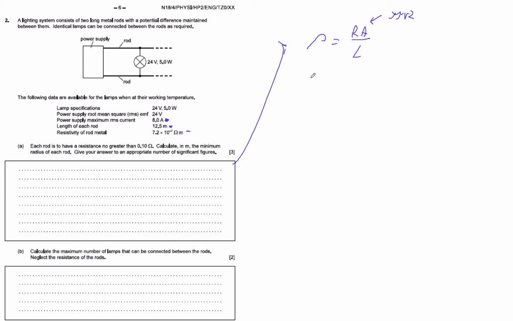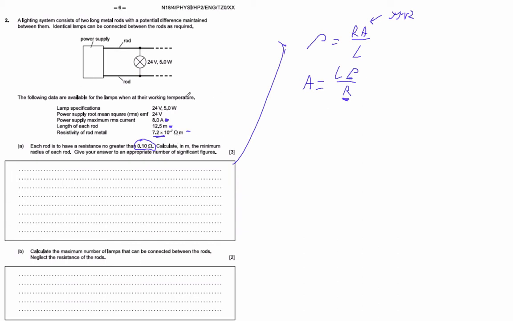The area is going to be the length of the rod times the resistivity divided by the resistance. They're saying the resistance is 0.1 ohms, so put that in. The resistivity is 7.2 times 10 to the minus 7, so put that in.